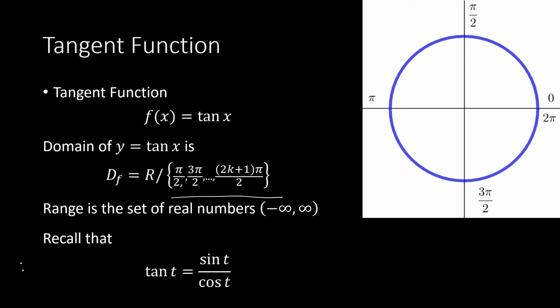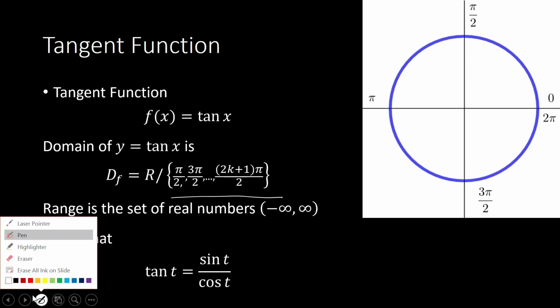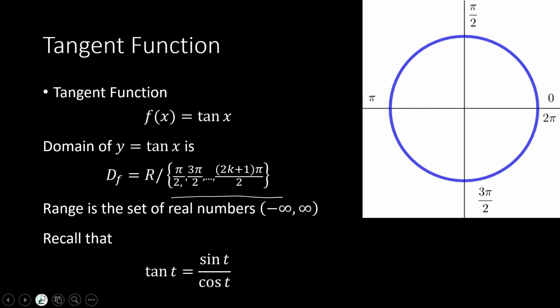Let us go back to how we are defining our circular functions. Sine of t and cosine of t and tangent of t. So if we are given a real number t, we can wrap it around our unit circle, and that real number t is going to produce an arc in our unit circle.